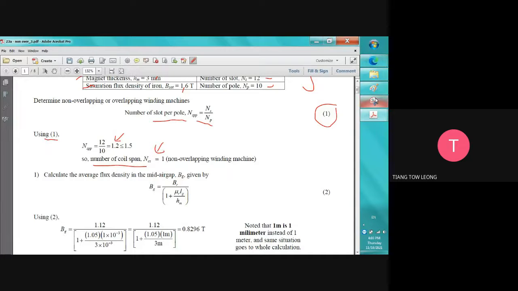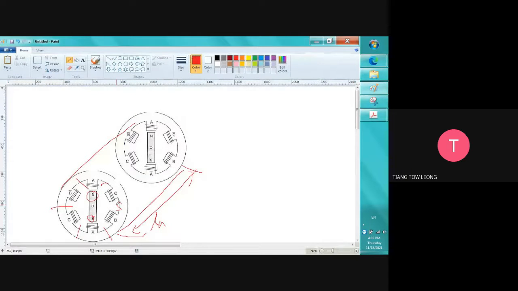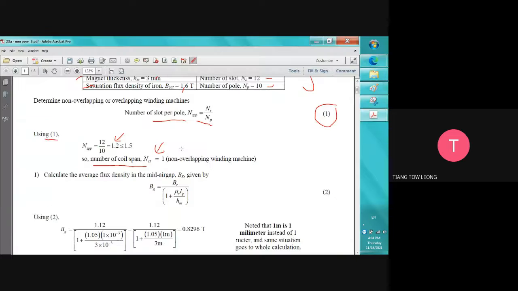When the coil span is 1, we only wind the winding from here, go back, and come up here. It won't go to here and then go to the other side, like this. No. Then when the coil span is 1, we call it a non-overlapping winding machine.